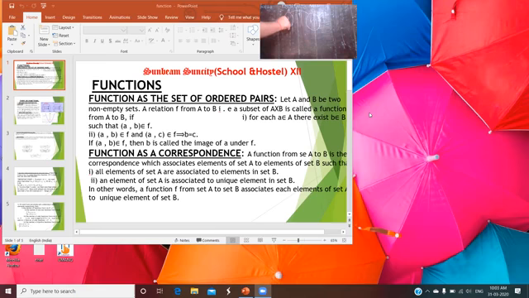If each element of set A is related to set B, then that relation is known as a function.